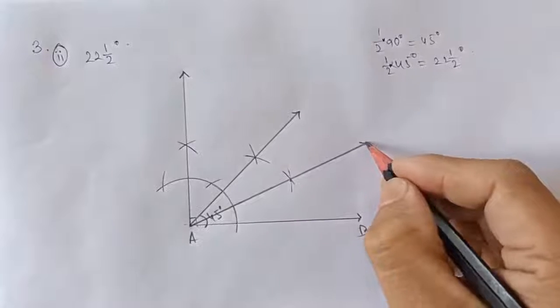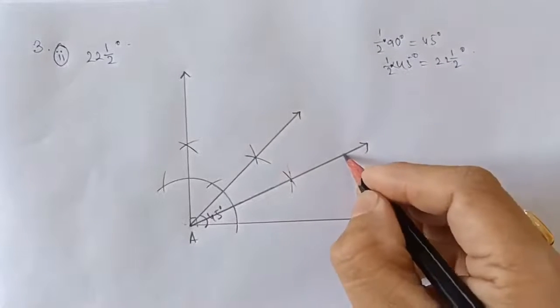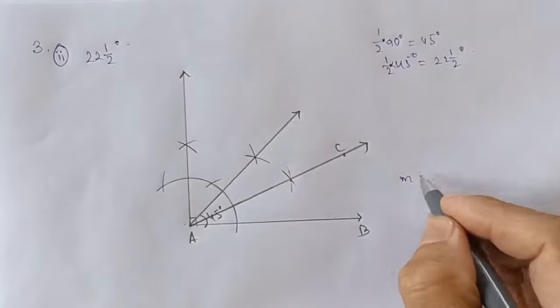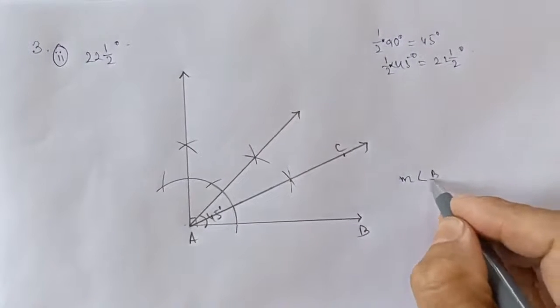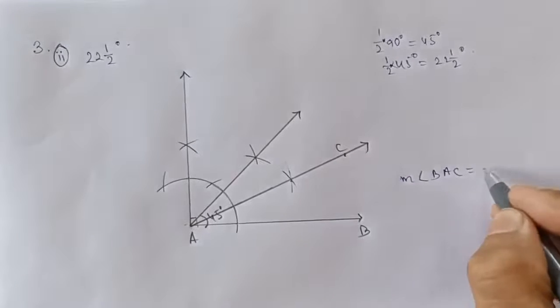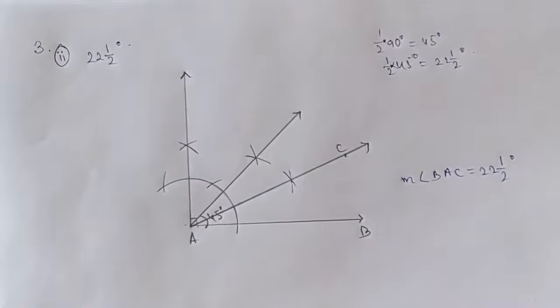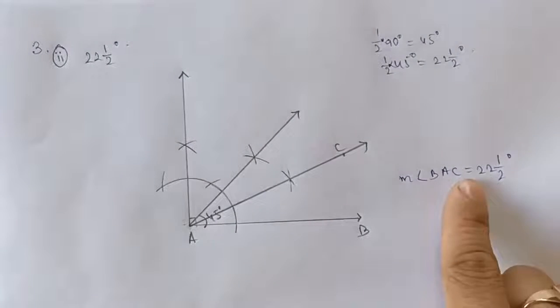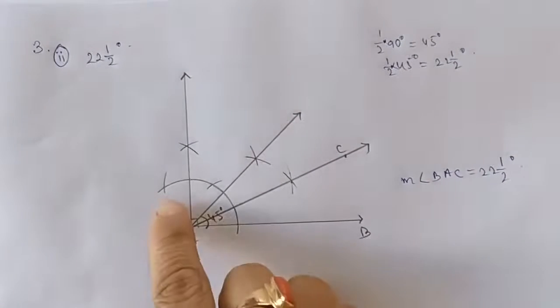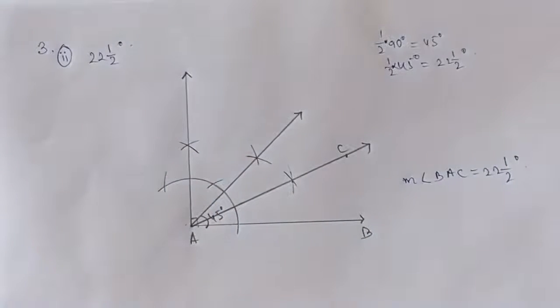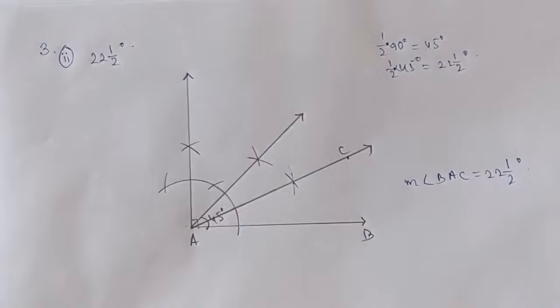Let me name this ray as C. Then the measure of the angle BAC will be 22.5 degrees. So this will be our required angle. For your convenience, you can name these intersecting points with suitable letters, and accordingly you can write the steps of construction.